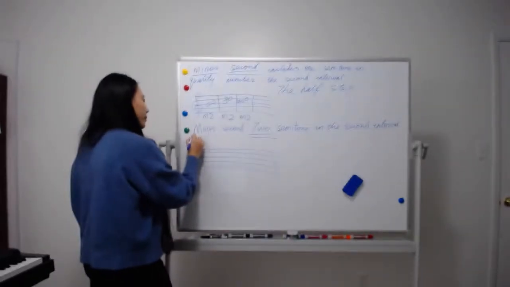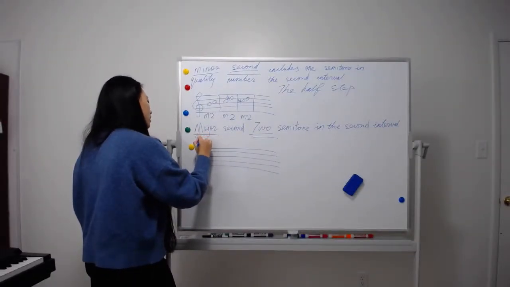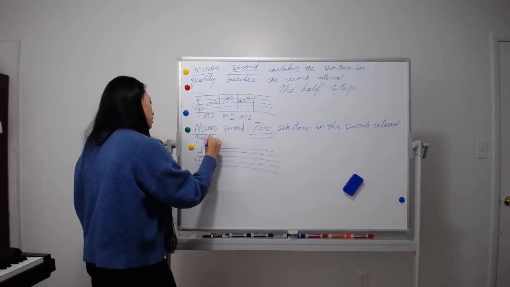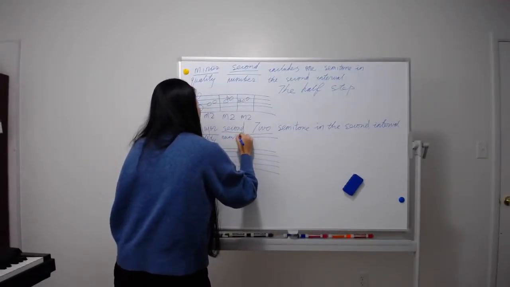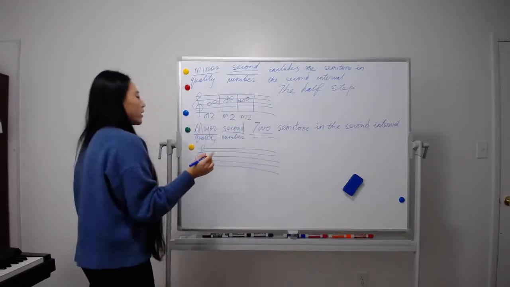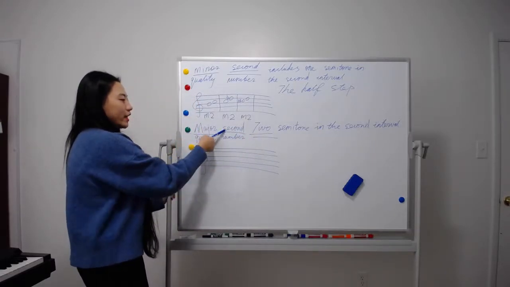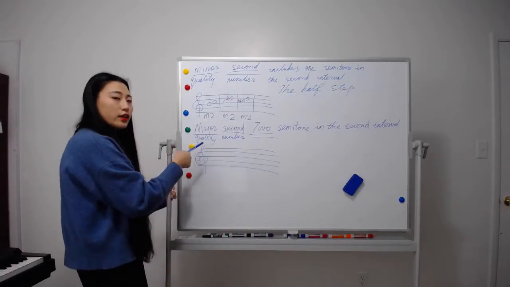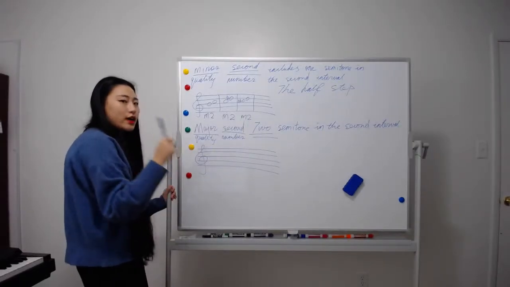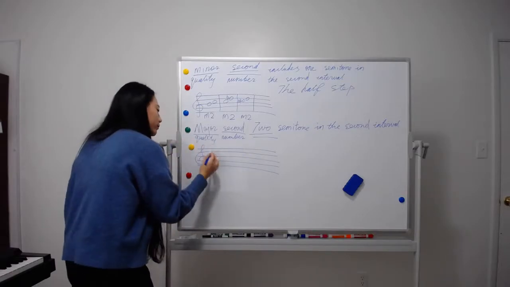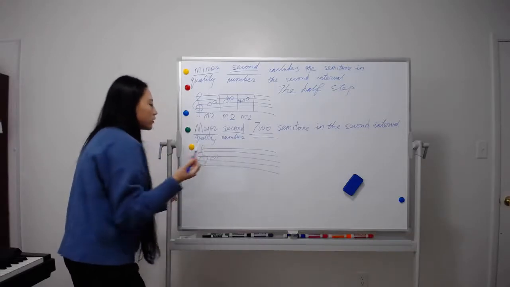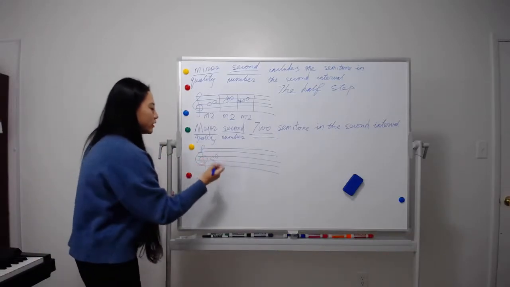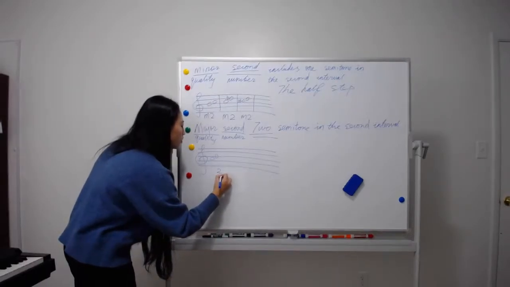Major second. Remember quality and its number. So the number of major second is 2, right? Let's count 2 notes. 1, 2. So this is the number of 2.